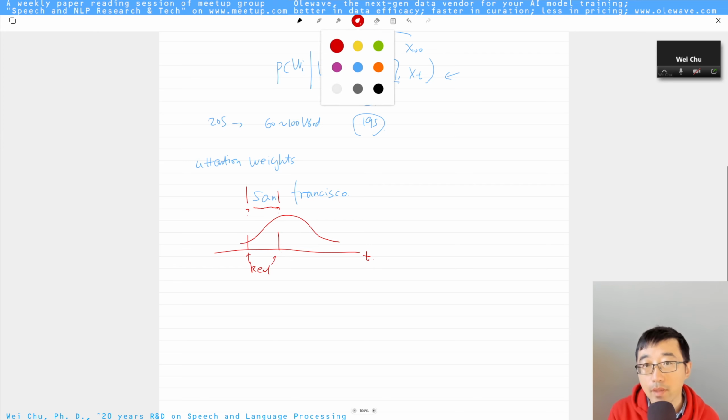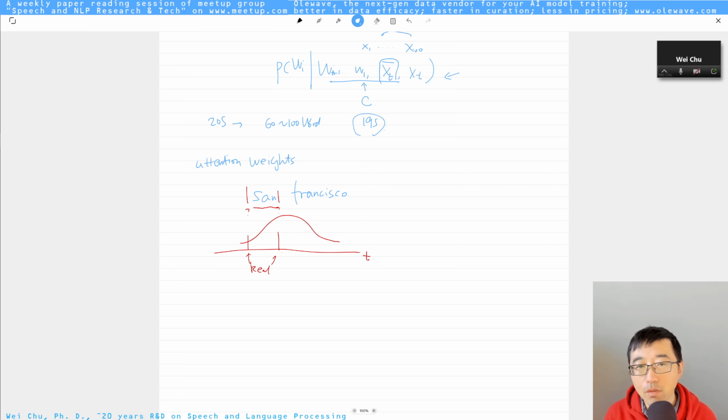Let me use another pen. But if you look at this, because San's attention weight is heavily dependent on not only the frames of itself corresponding to the real boundaries, but also heavily dependent on the word after it, then you would see that because attention weight is shifted the right way, it's very likely the time boundaries are shifted into this domain.